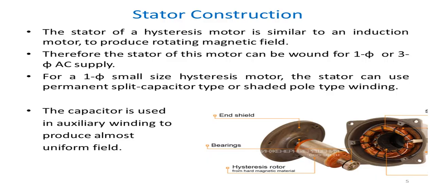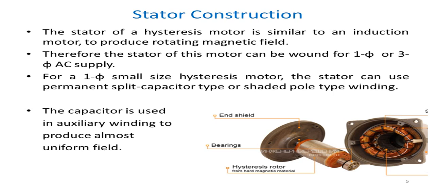Stator construction. The stator of a hysteresis motor is similar to an induction motor to produce a rotating magnetic field. It means the stator windings are so wound that they can produce the rotating magnetic field. Therefore, the stator of this motor can be wound for single phase or three phase AC supply.